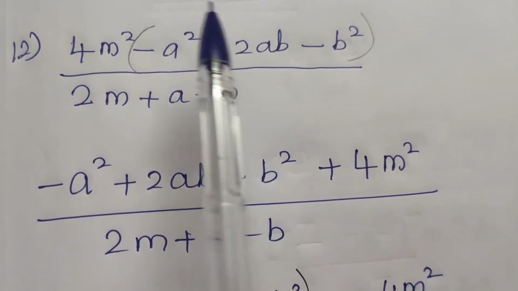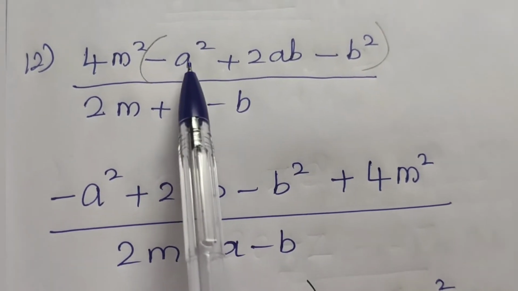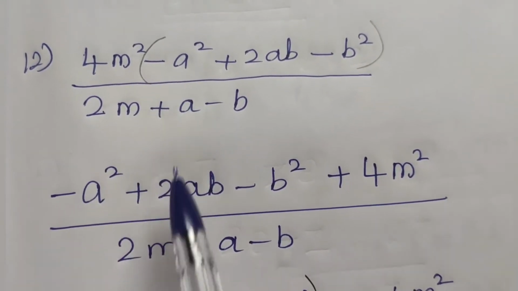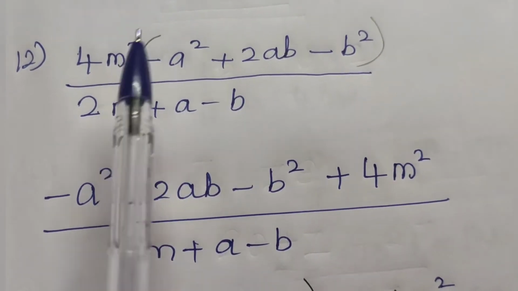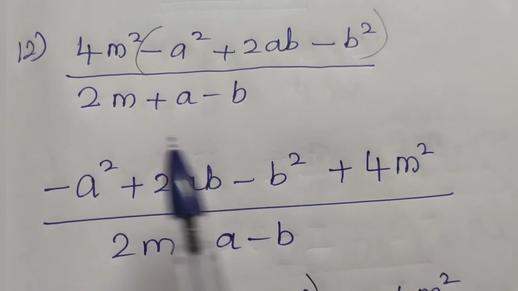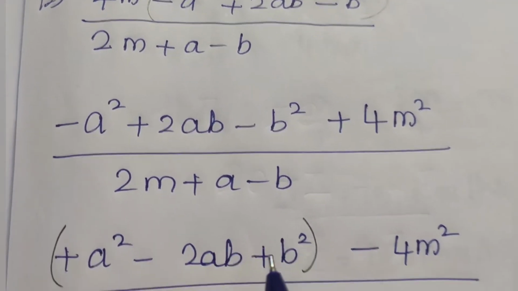So I will just shift this. I am going to take 4m square to the last. So I'll write this first, minus a square plus 2ab minus b square. And I'm going to shift plus 4m square to the last. And the denominator is the same, 2m plus a minus b.